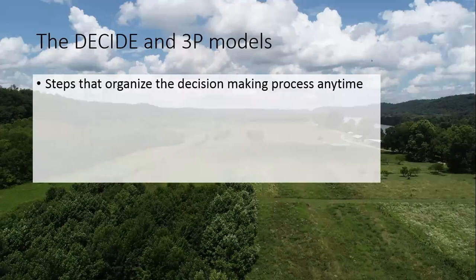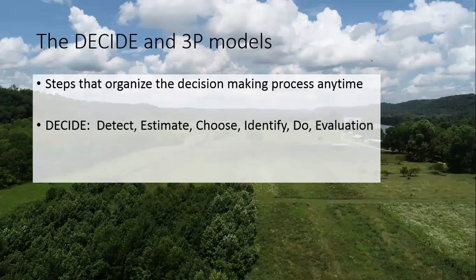And then now we've got another acronym that focuses on steps that you should take when you're flying and to kind of keep some of these things in mind. And so there's the DECIDE model, which is detect, estimate, choose, identify, do, and evaluate. So detect, you want to detect that some change has occurred.